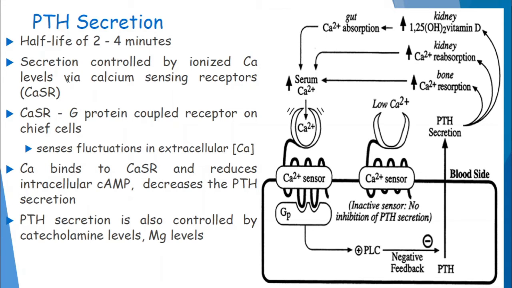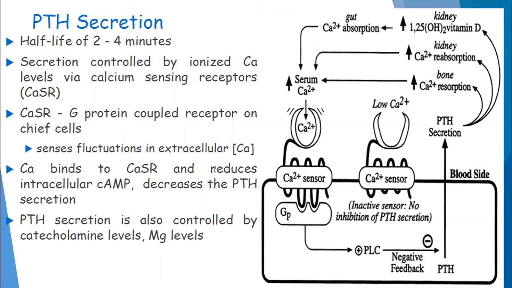The secretion of parathyroid hormone is controlled by ionized calcium levels through the presence of calcium sensing receptors, or CaSR. As you can see in the figure, it's a G protein coupled receptor found on chief cells, and it can sense fluctuations in extracellular calcium.